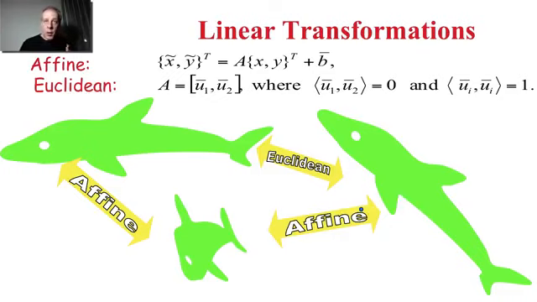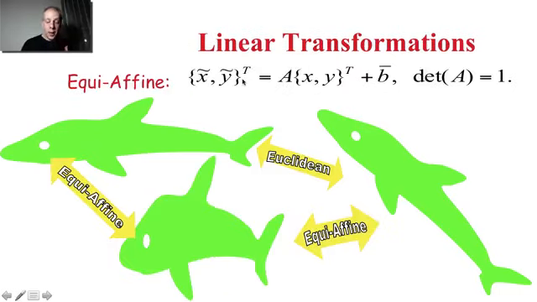Now, there's a particular thing in affine motions that if the determinant of this matrix is equal to 1, then those are called equi-affine motions. If the determinant is equal to 1, what happens is that the area doesn't change. So you can stretch differently in different directions, you can rotate, you can translate, but the area is preserved. Of course, if you only allow Euclidean motions, rotations and translations, the area is preserved.